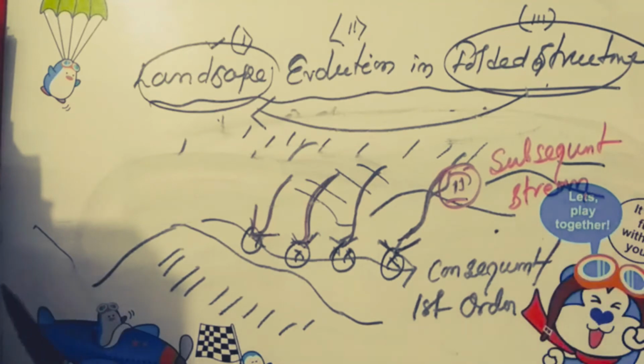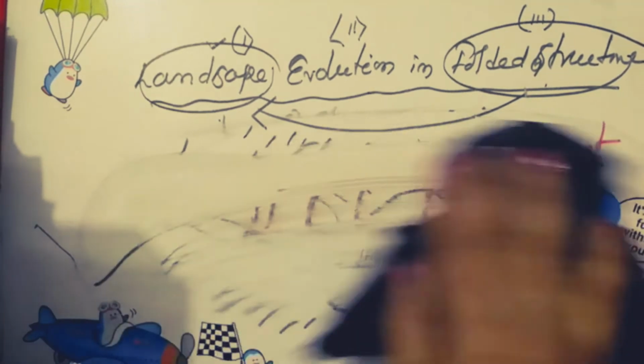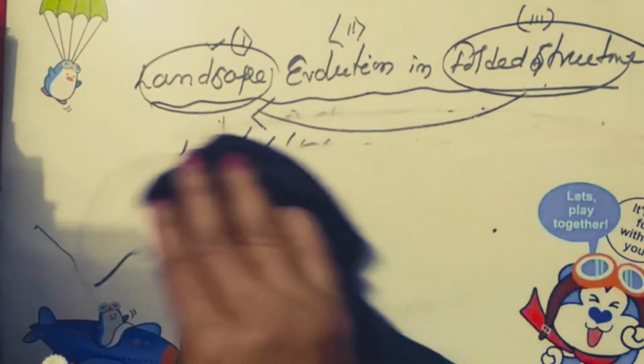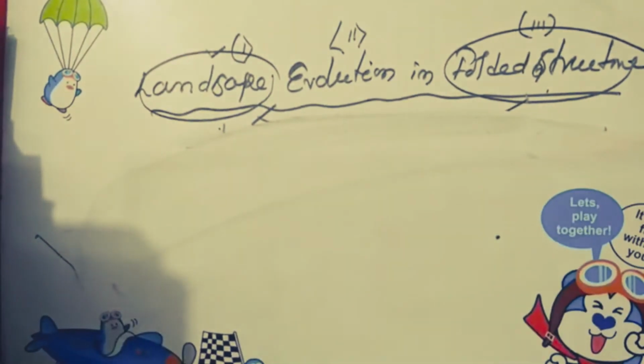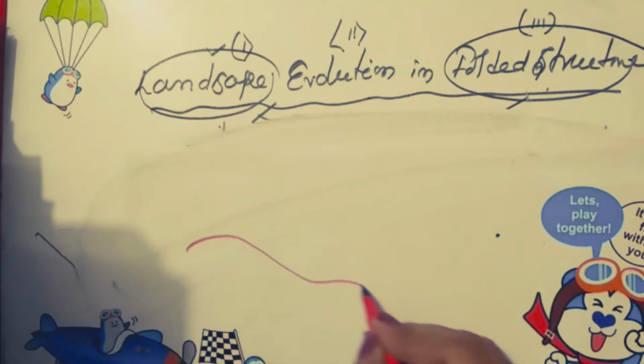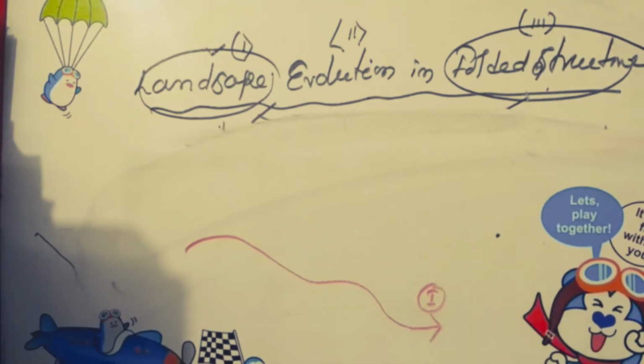বাংলায় হচ্ছে পরবর্তী নদী। আর একটু ক্লিয়ার ছবি যদি আমি তোমাদেরকে দিতে চাই তো কেমন হবে জিনিসটা দেখো। This is the consequent stream, which follows the natural slope, the first order stream.